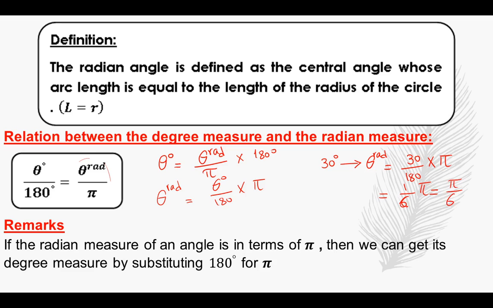If we have an angle of measure 90 degrees, theta radian equals 90 over 180 multiplied by pi, which equals half pi, and you can write it as pi over 2. This is the way you change from theta degree to theta radian.